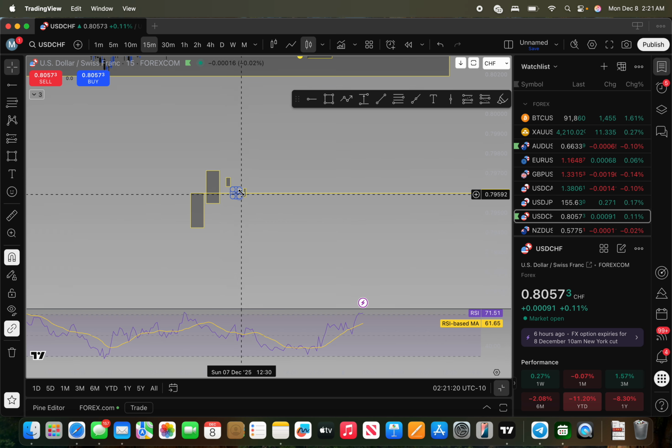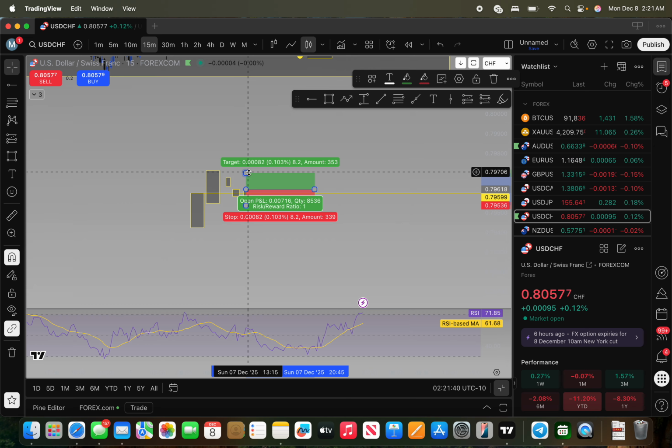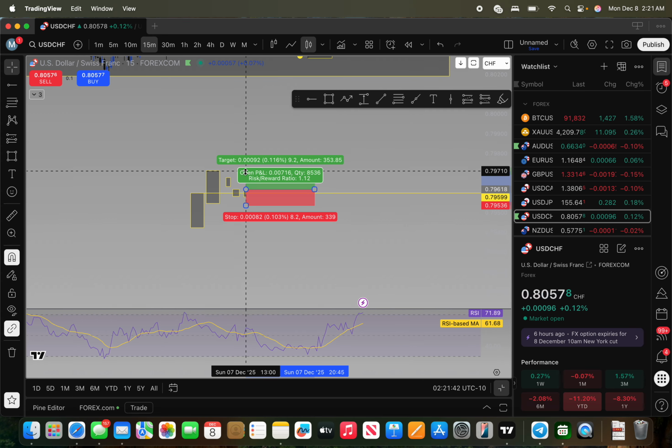This is the theory candle that closes under the POI to be accepted, and the next candle should close above the POI and the theory candle. So then that's when you take your trade. It's very simple.